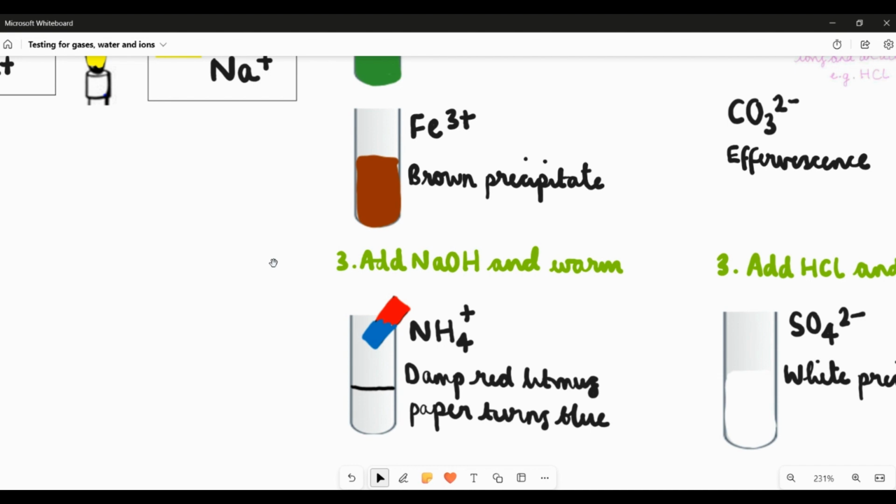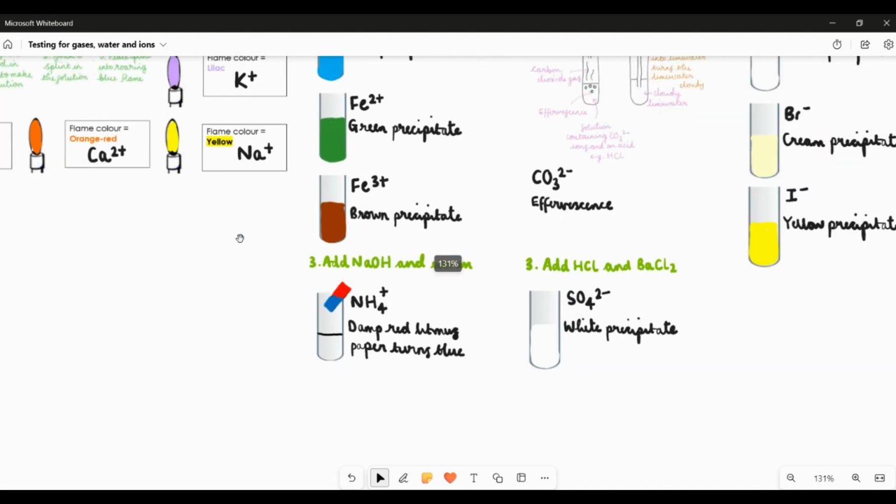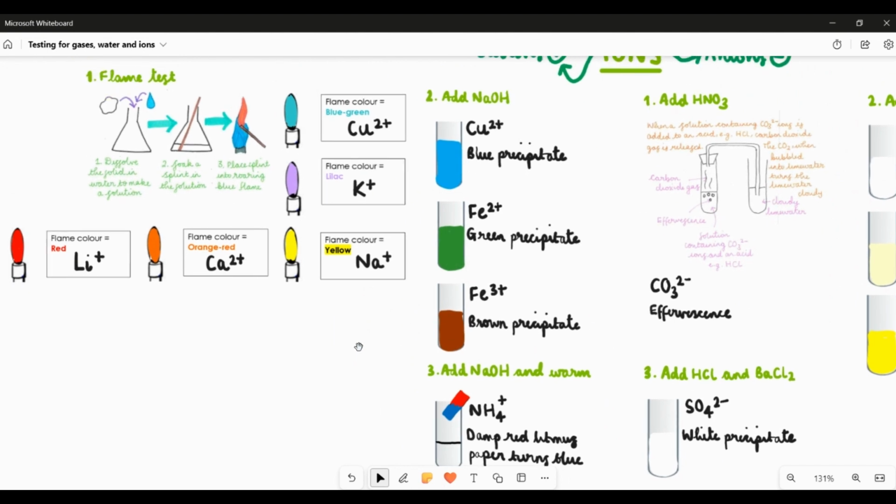And if we have made ammonia gas, we have to have started with the ammonium ion, which has the formula NH4+. When that reacts with the sodium hydroxide and is warmed, it releases ammonia gas, which we observe through the damp red litmus paper turning blue. So that would be how we would test for the cations, and that would give us half of the composition of whatever compound it is that we are testing.